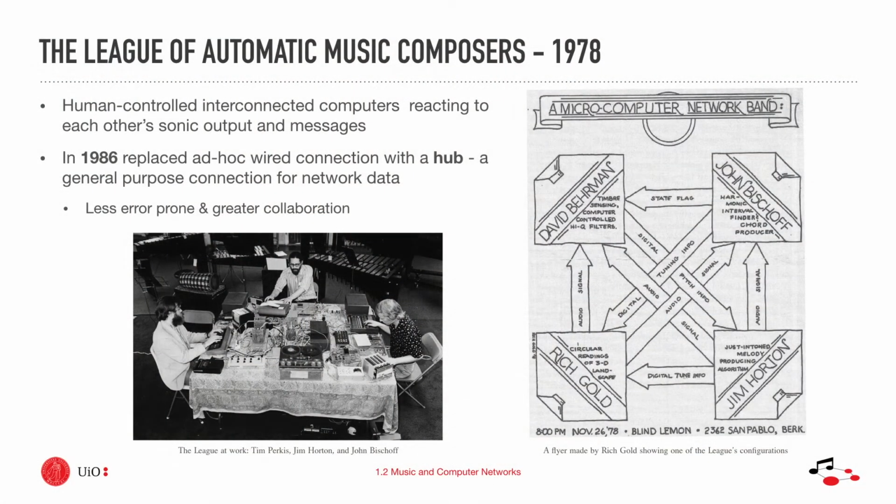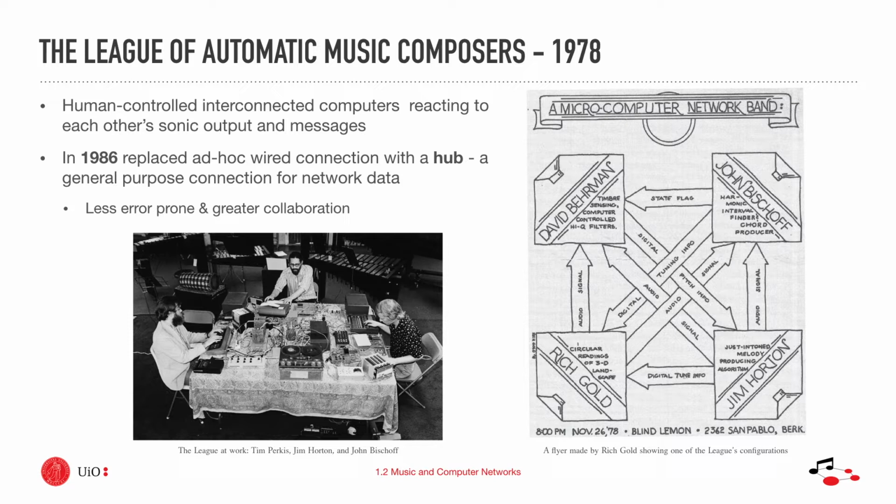The League of Automatic Music Composers pioneered the use of computers in live performances under several aspects and created avant-garde music of rare and distinctive beauty. The League used the KIM-1, the first mass-marketed microcomputer, released in 1976. When performing, they sent data messages between each other's computers with the goal of influencing their playing.